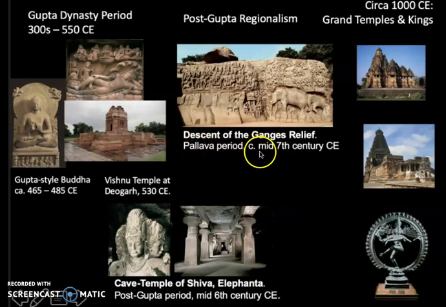These are smaller regional dynasties. By 1000, we're going to see very grand temples that are associated with kings. And some of that will be associated with the Chola dynasty and their great metalworking tradition. But there's also a complexity between the southern and the northern story of art that we will see.